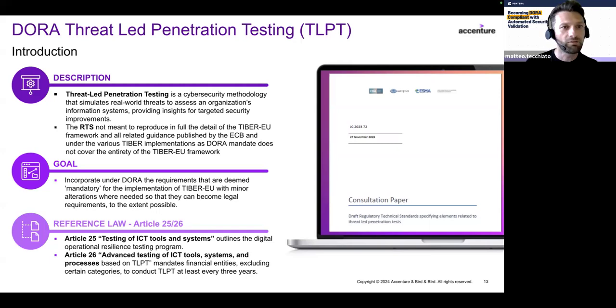Then you should test your environment against these threats. So you select your threat actors, you select what kind of tools and techniques they adopt, and then you test these techniques against your infrastructure. So you are going to test if your environment is really resilient against a cyber attack. So you are performing an activity, let me say, a red teaming phase.